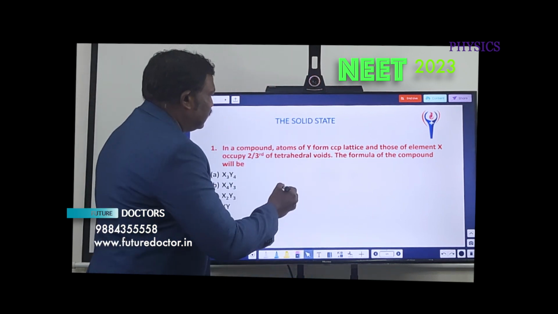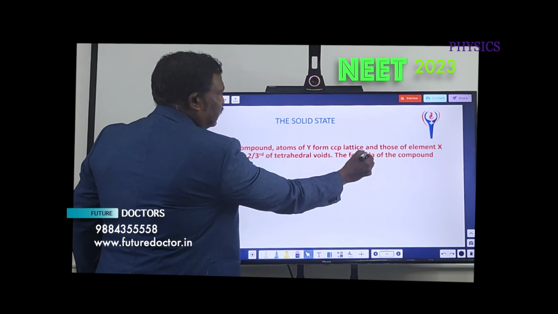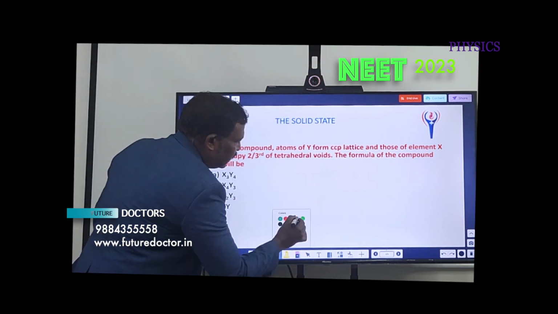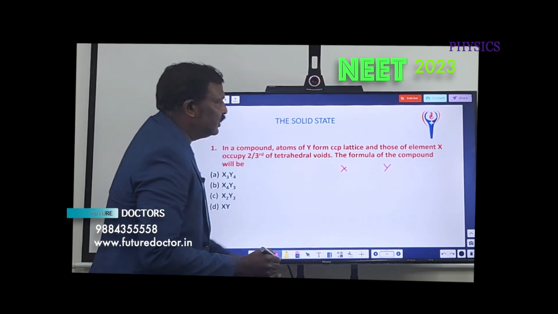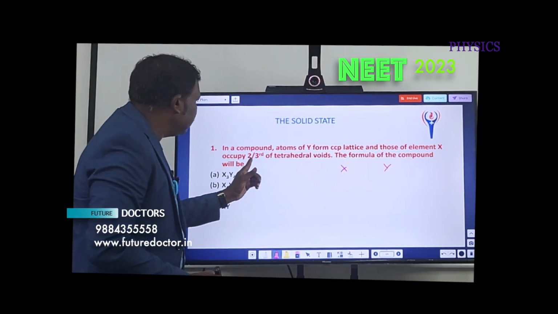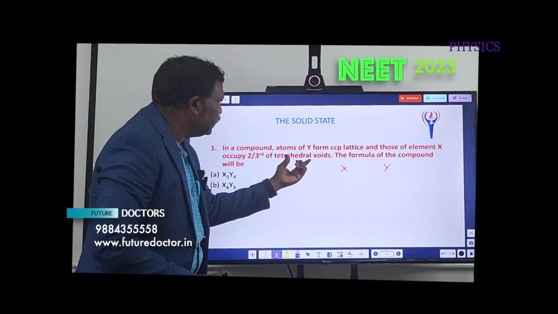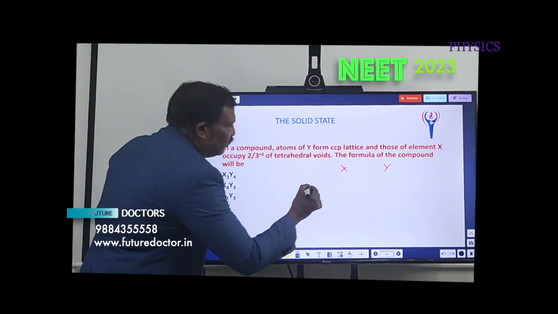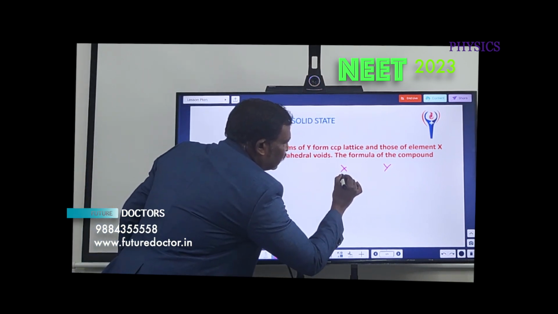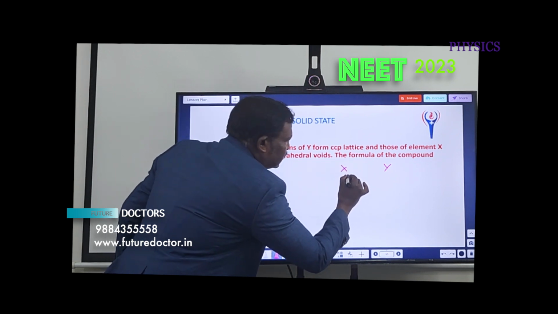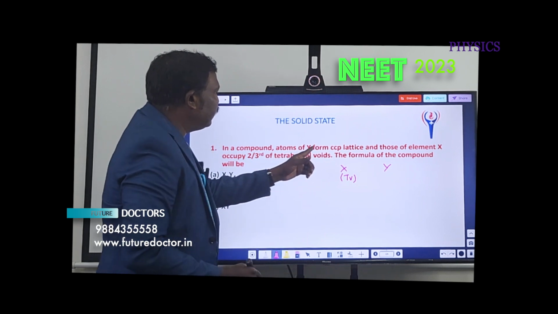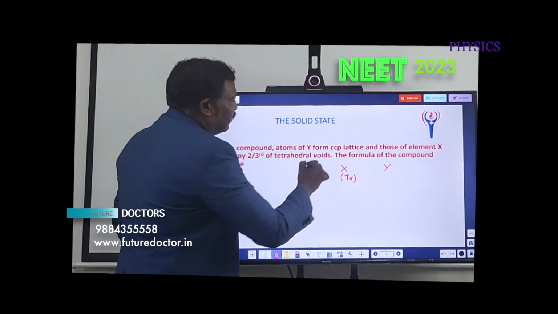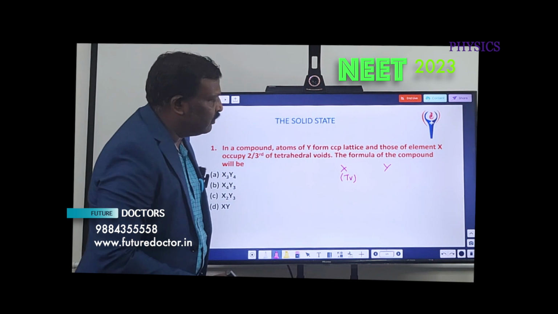X occupies 2/3 of tetrahedral voids, so X is in the tetrahedral voids, which I will just write as TV. Y forms a CCP lattice, and CCP contains octahedral voids.